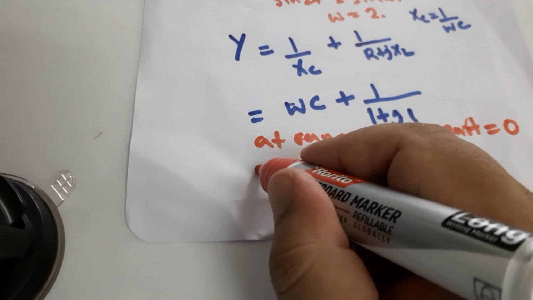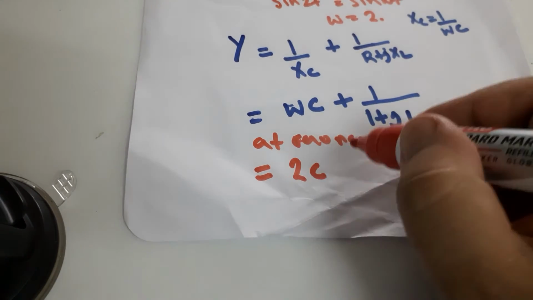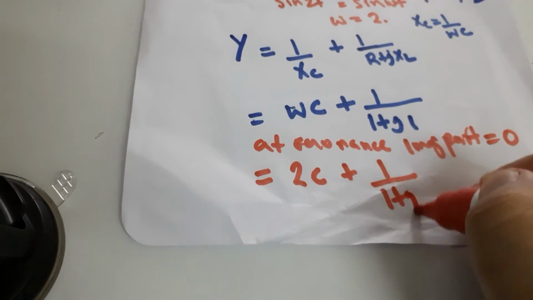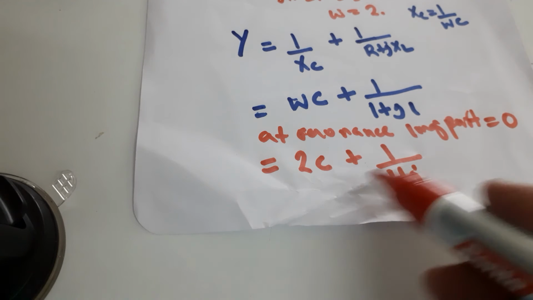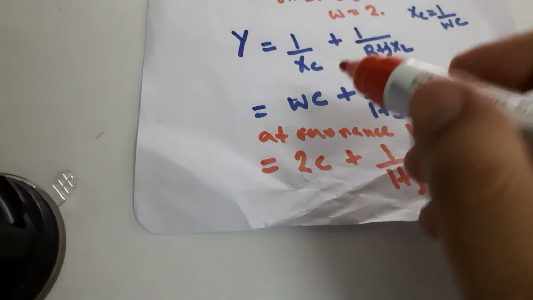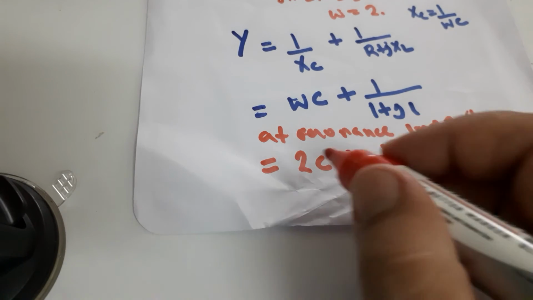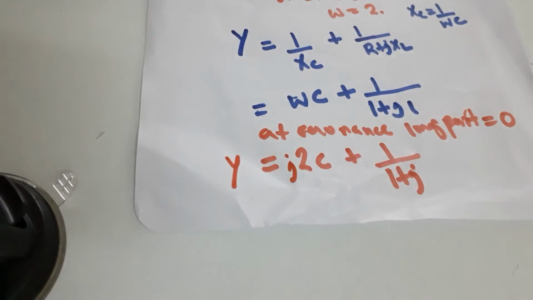So here, instead of omega C, I can write 2C, and this would be 1 plus j. Now I want the value of C, so the imaginary component of this should be equal to 0. In order to get the imaginary component, this is 1 by Xc which is j omega C, equal to j2C. So Y is equal to j2C plus 1 by (1 plus j).